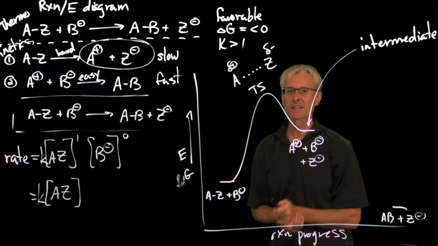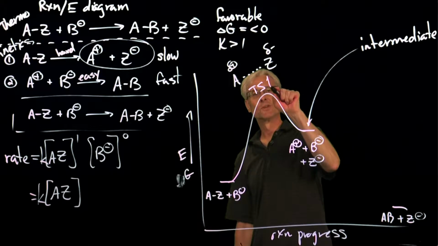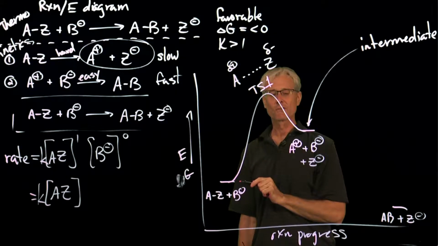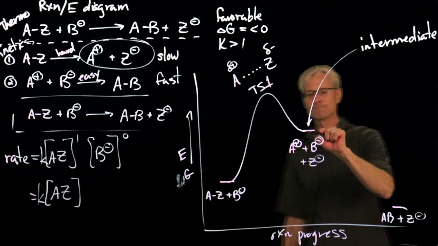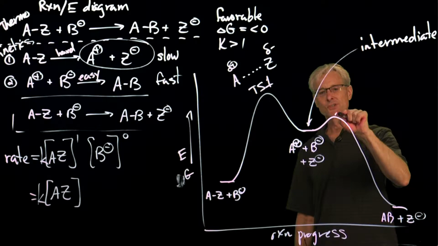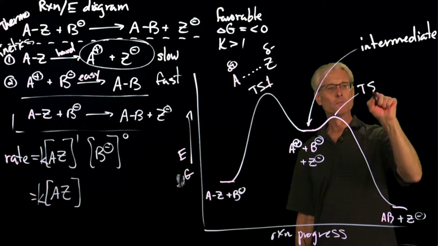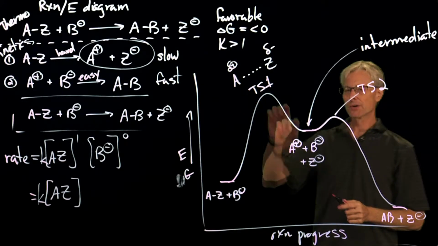Maybe you called it an activated complex in general chemistry. I'm going to call it a transition state. And so this is transition state 1 for the first step. The second step likewise has a transition state, but it's fast. And so this transition state 2 is lower in energy than the energy of the first transition state.